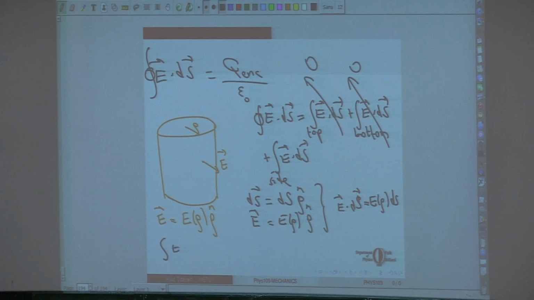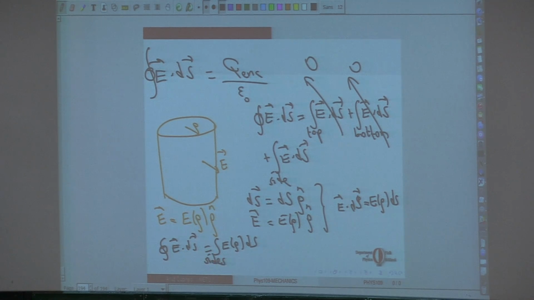So when I consider this integral over the closed surface, first of all, I only receive contribution from the sides, and the contribution from the sides can be written as E of rho times ds over the sides only.